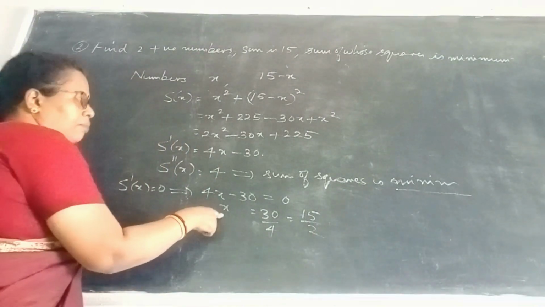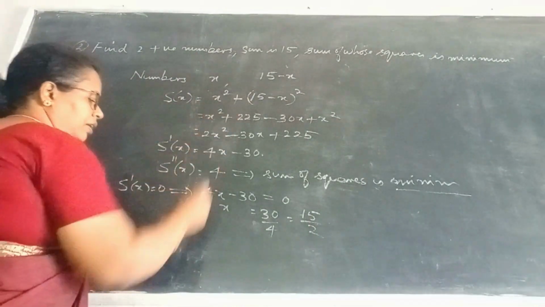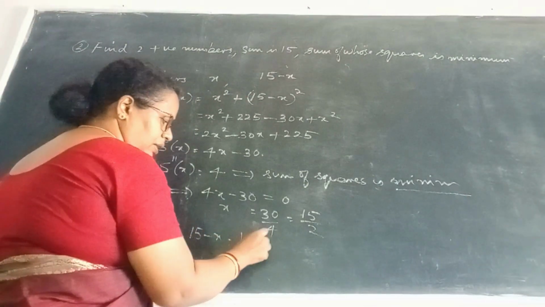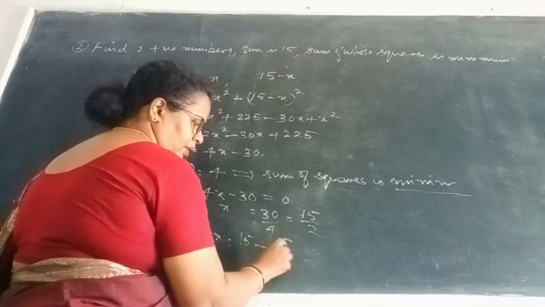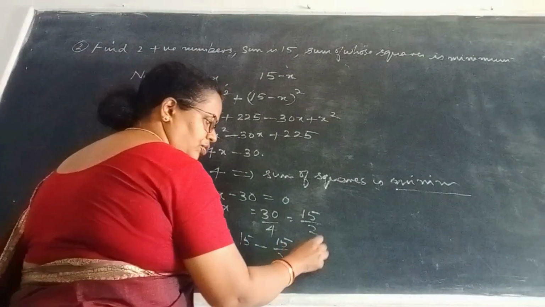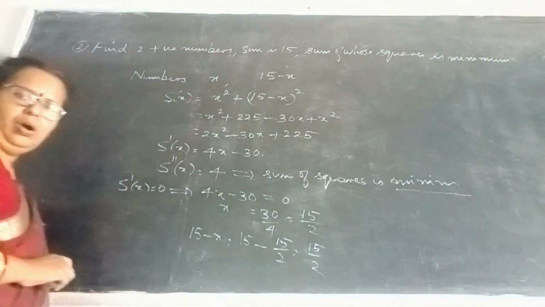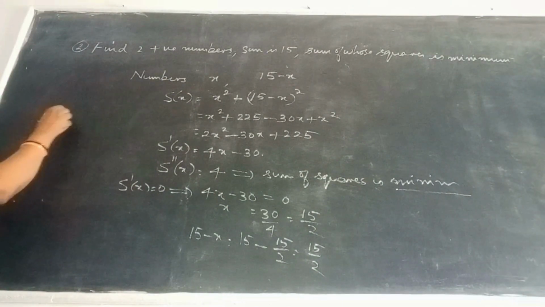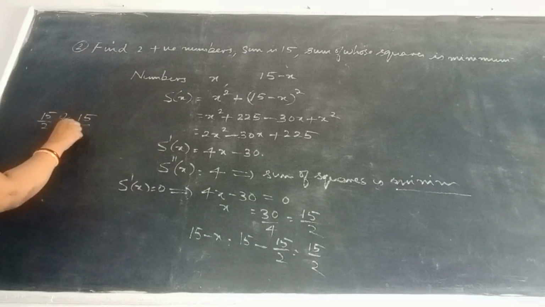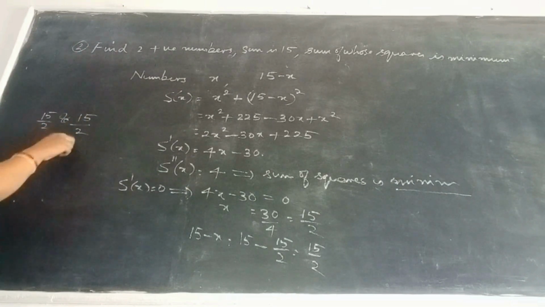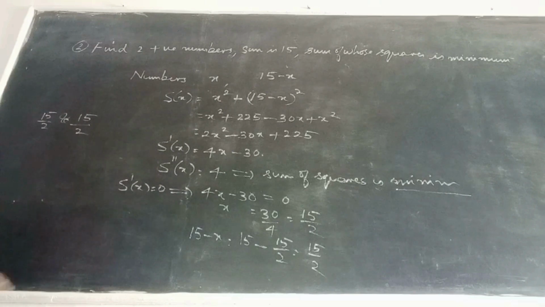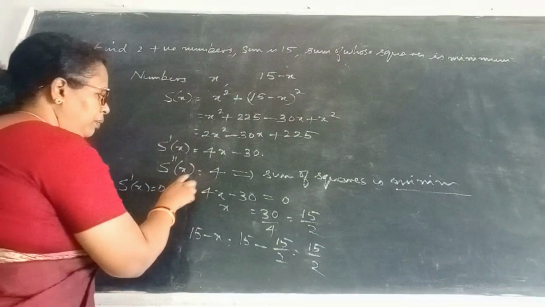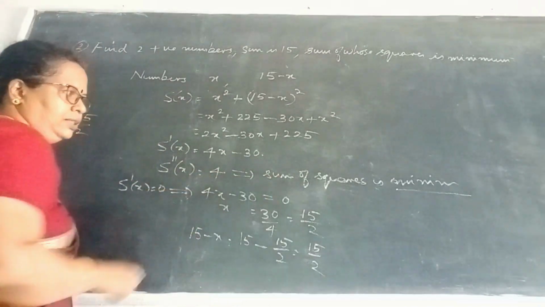So we got one number x; the other number is 15 minus x, which is 15 minus 15 by 2. What is it? It is also 15 by 2. So what are the two numbers? 15 by 2 and 15 by 2 are the two numbers whose sum is 15 and sum of squares is minimum. Why are we saying it is minimum? Because we got the second derivative positive.